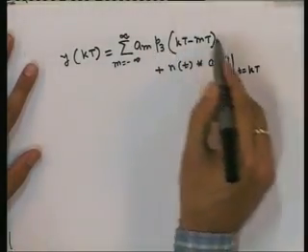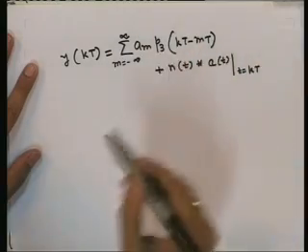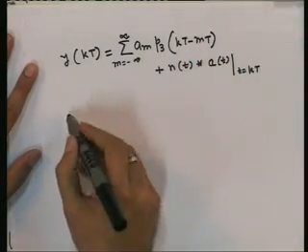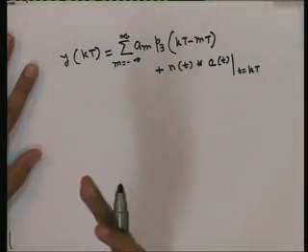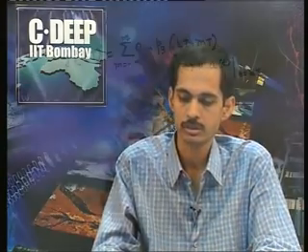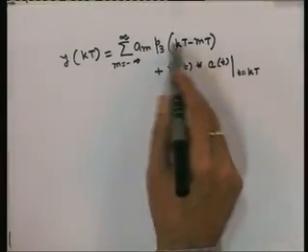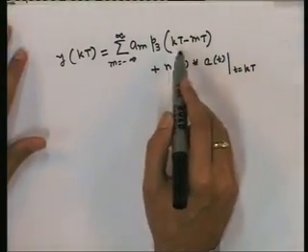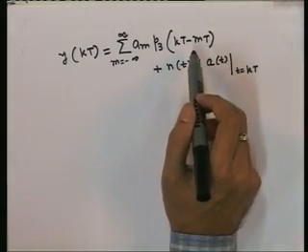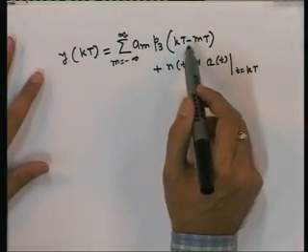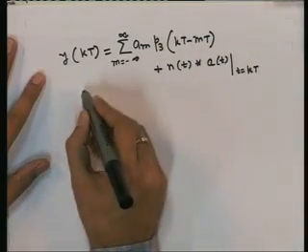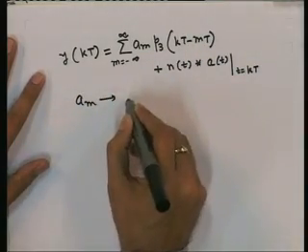Now let us see what is happening in this term. This a_m itself is a discrete time sequence. There is a0, a1, a2, a3, and if it started much before, it would have a minus 1, a minus 2, and so on. So there are these samples.